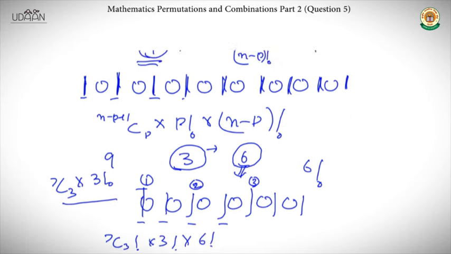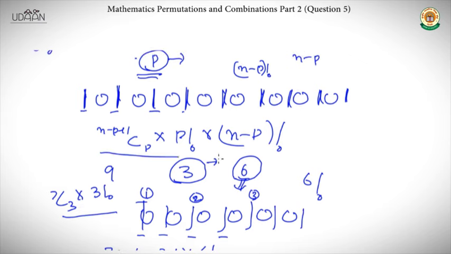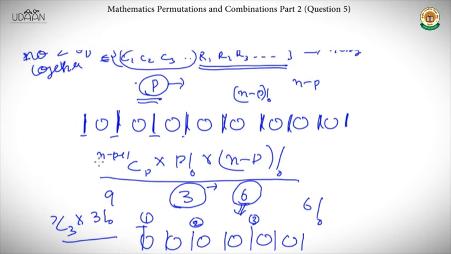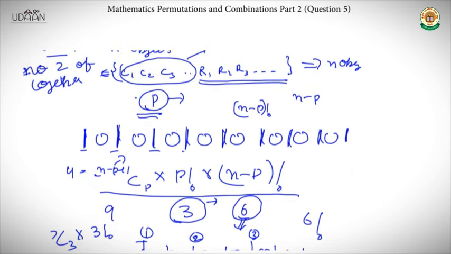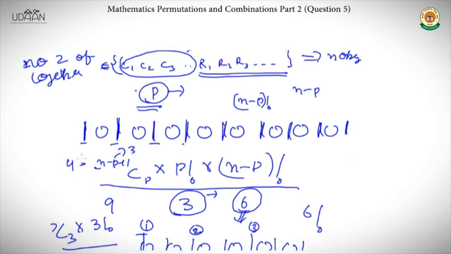And if we use the formula directly, n was 9 here and p was 3. So according to the formula, the answer would be (9 minus 3 plus 1) C 3, that's p is 3, into 3 factorial, which is p factorial, into (9 minus 3) factorial, that is 6 factorial.